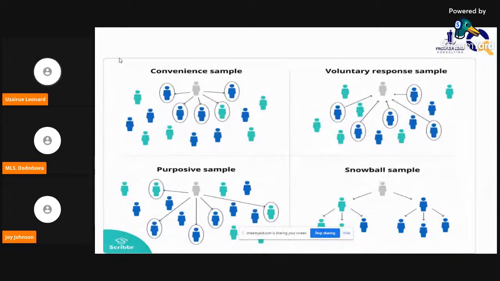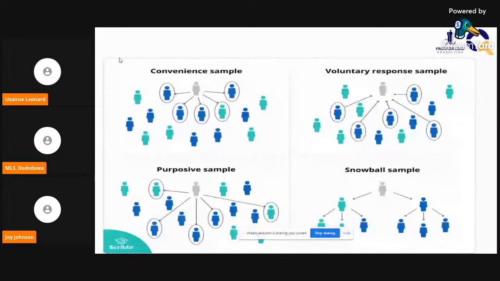Let me use Nigeria, for example, Borno State or Yobe State or Adamawa, where Boko Haram insurgency is high. Now you want to do a study on why people are leaving Maiduguri. The best would have been you go there and conduct interviews with people there.